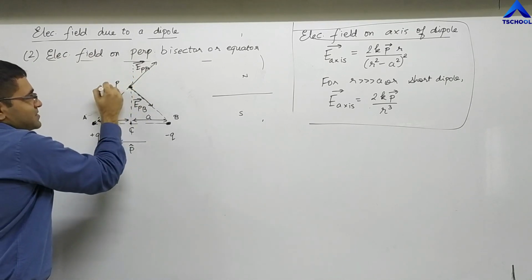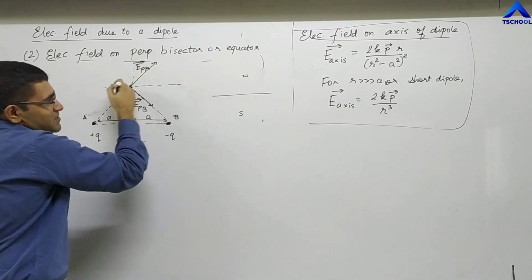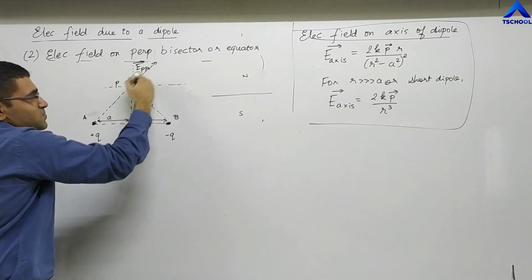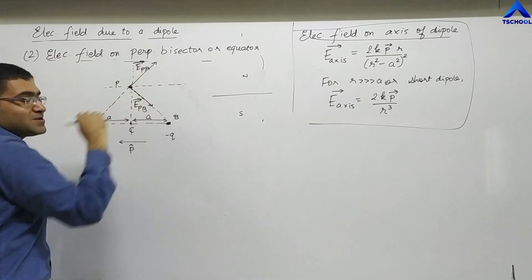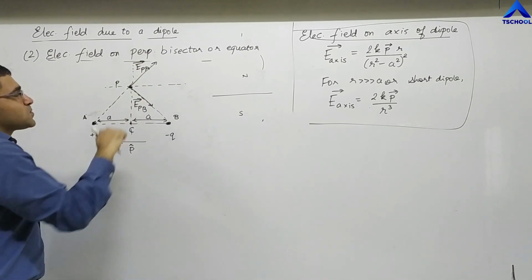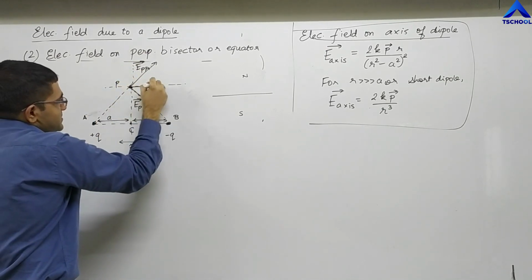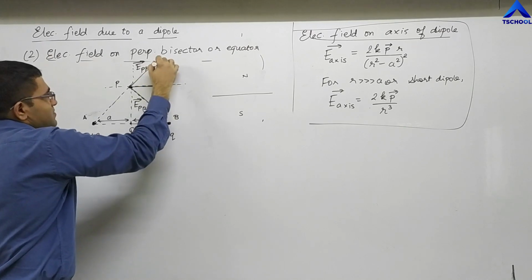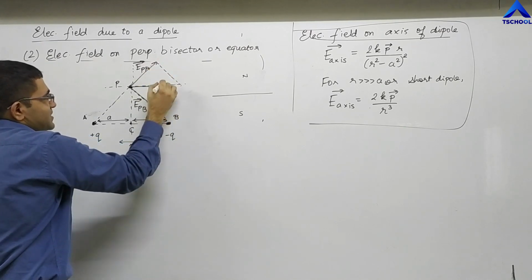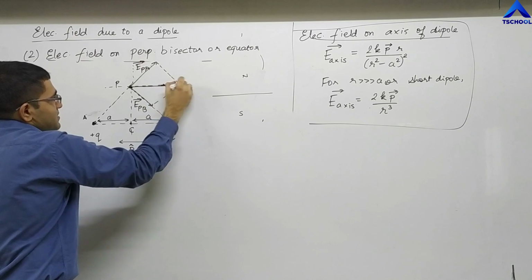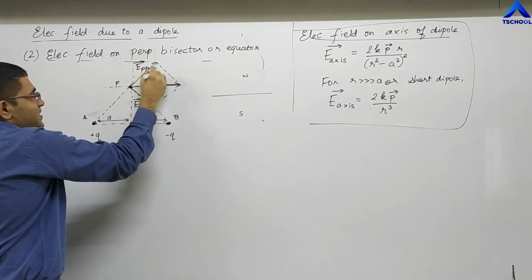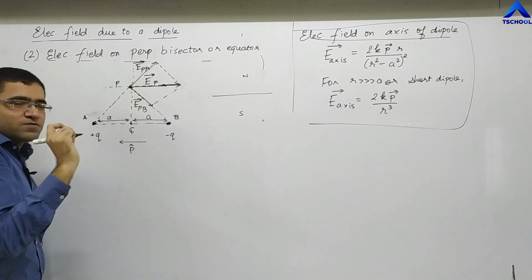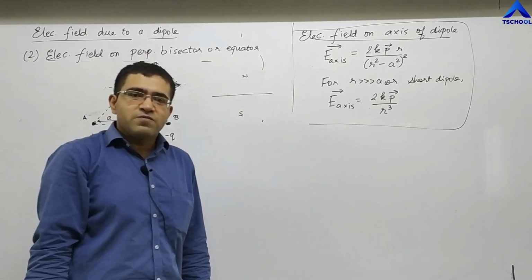So the net electric field is going to be on the bisector of these two, exactly in the middle, because these two have equal magnitudes. You will get the exact length by drawing a parallelogram, and this is going to be E_P vector, the resultant of the two electric field vectors.